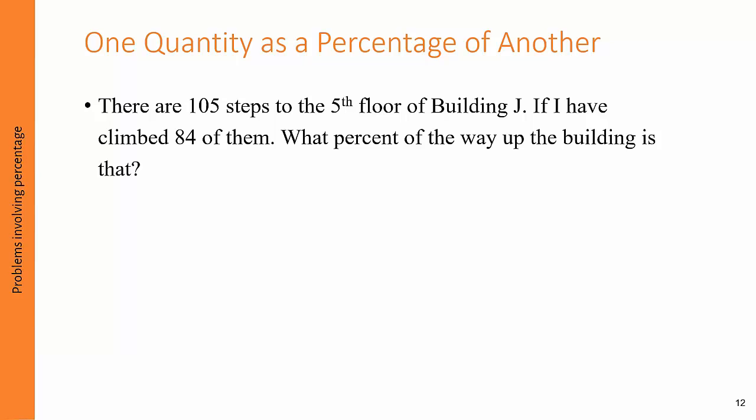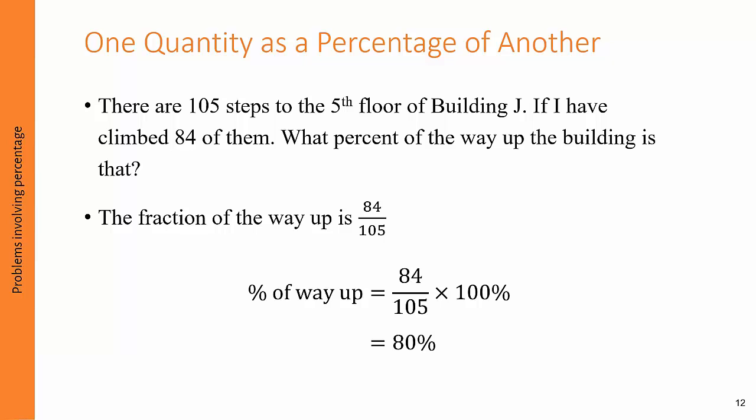So to work out what percentage that is of the way up, I would firstly express that as a fraction, 84 steps out of 105, and then convert that to a percentage by multiplying by 1, written as 100%. And then I simply multiply my 84 by 100, which I can enter into the calculator as 8400, and then divide by 105 to get my answer of 80%.